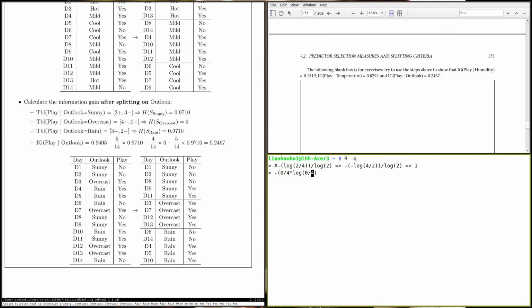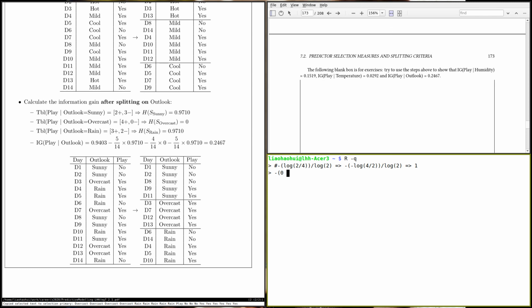This is the problem. What is log 0? Log 0 is negative infinity, and this is 0. How should we resolve this issue? For entropy, whenever we have 0 multiplied with log 0, you always have to change it to 0.